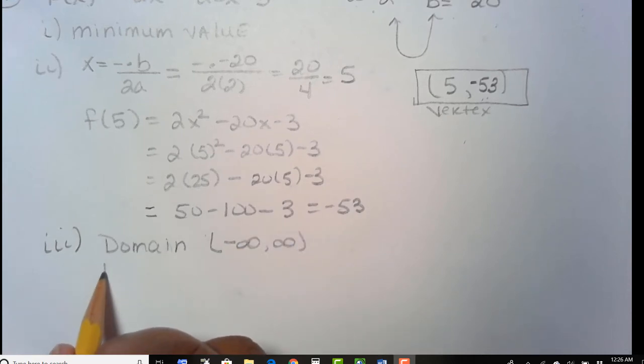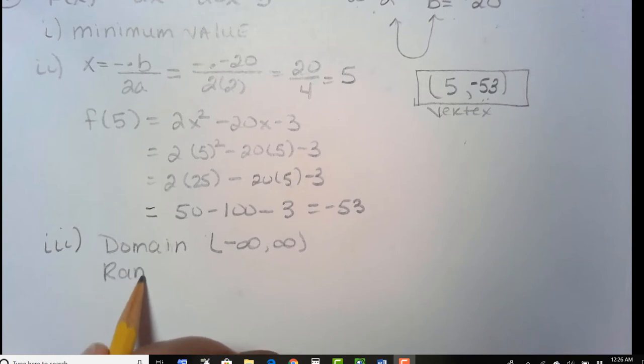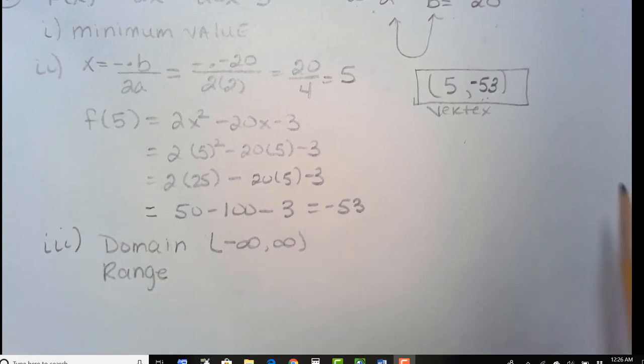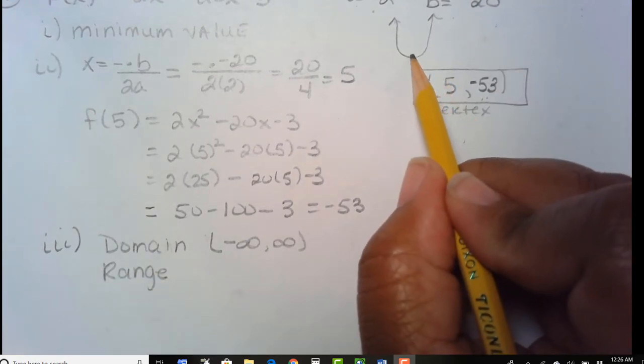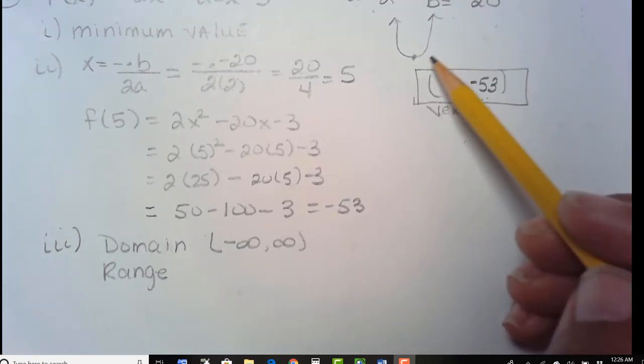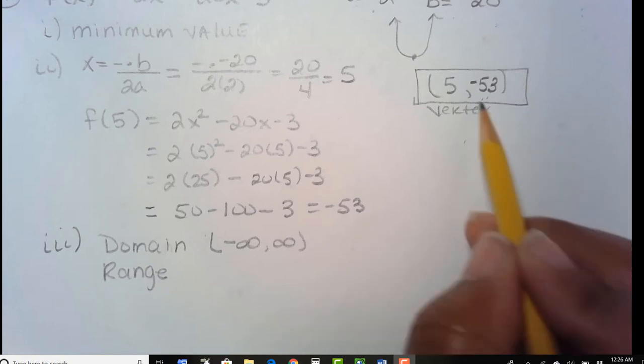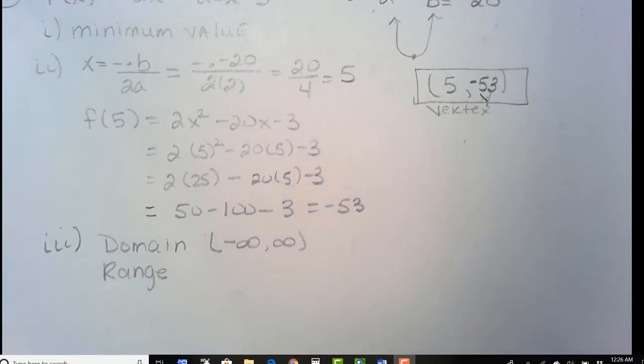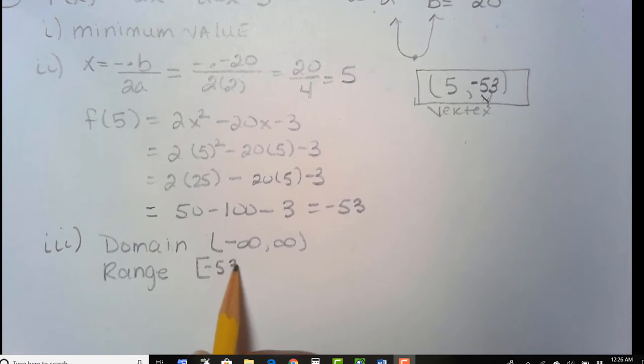But our range, what do you think the range would be? If this is our minimum value, where would this parabola begin on the y axis? So we would say negative 53 to positive infinity. That will be our range.